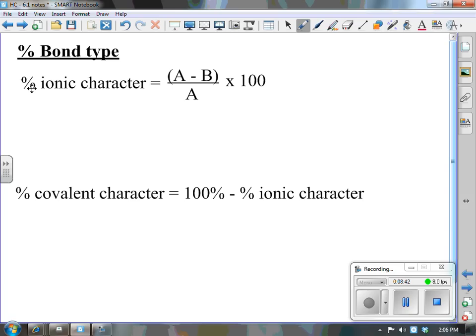It's a real simple calculation. We take the difference between the two, divided by the higher electronegativity, times 100. And that's it. If it's a big difference and A is a really small number, we're going to see a huge percent ionic character, really high. If we see a small difference and a big value for A, then we're going to see a much smaller percentage.